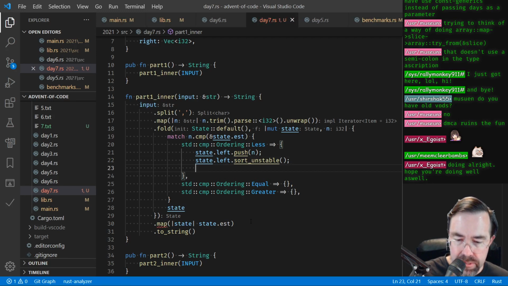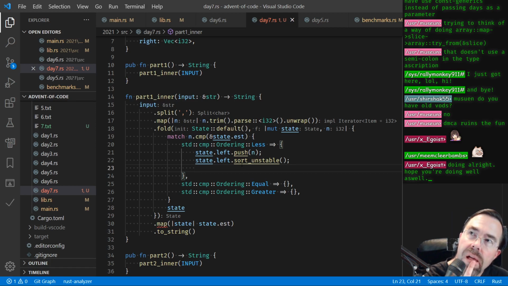We know that the estimate probably needs to move left, right? So we're going to move the estimate until we can't move it anymore. We can't move it anymore if it throws off the balance in the other direction too far. So we can move it left until it hits the last one in the left list.